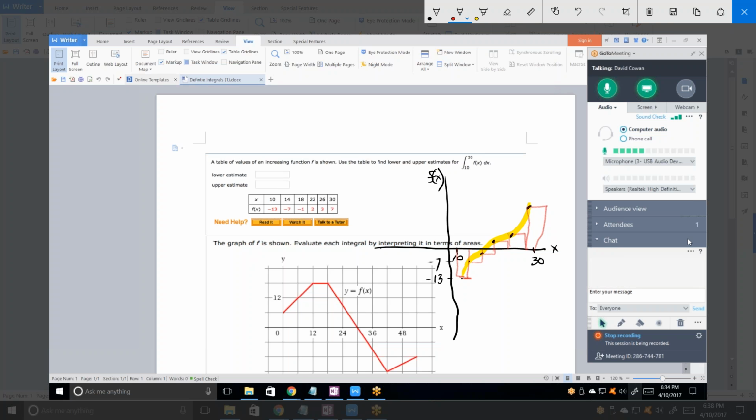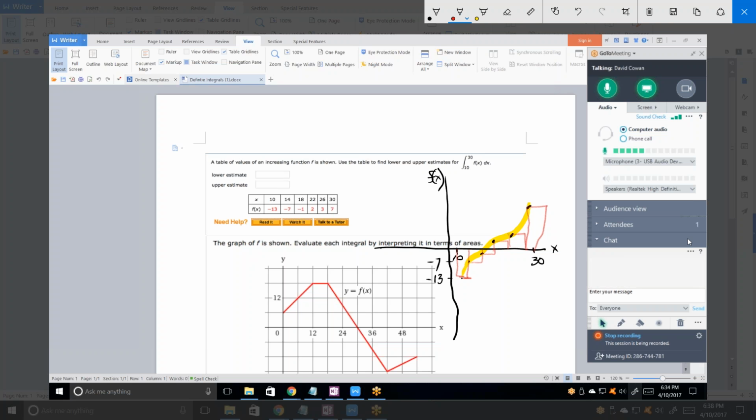But below the x-axis, at first glance, it looks like it's overestimating it. In other words, when the f of x values are in negative territory, it appears that left-hand endpoints overestimate it.